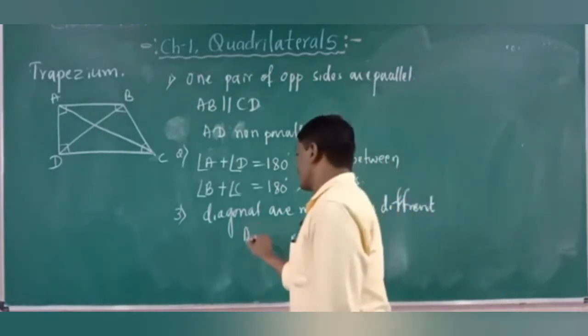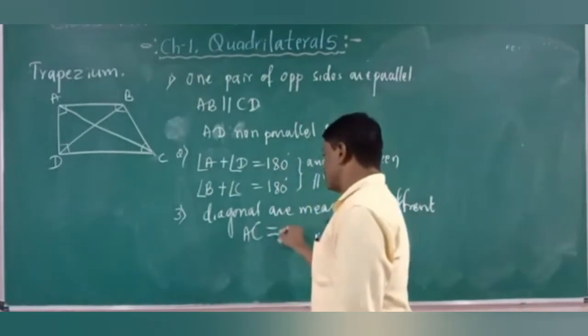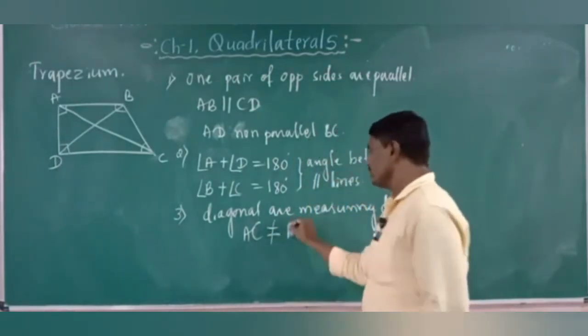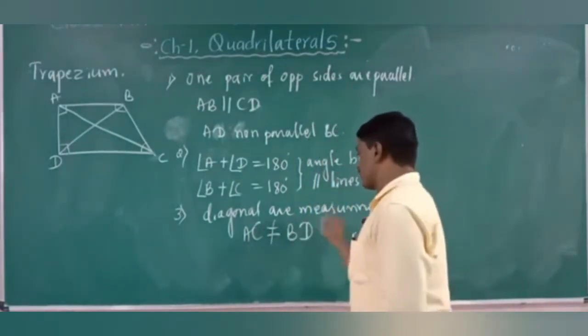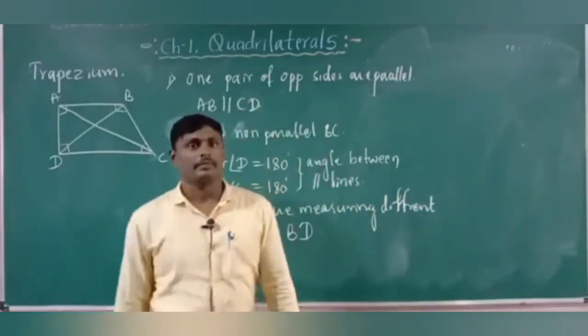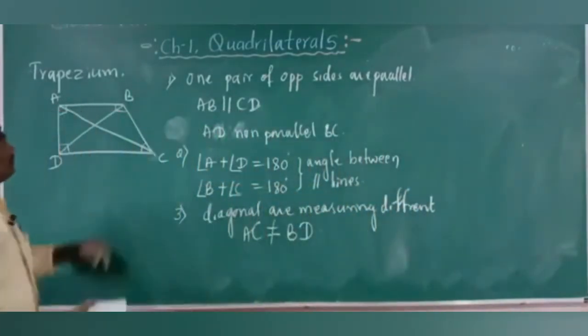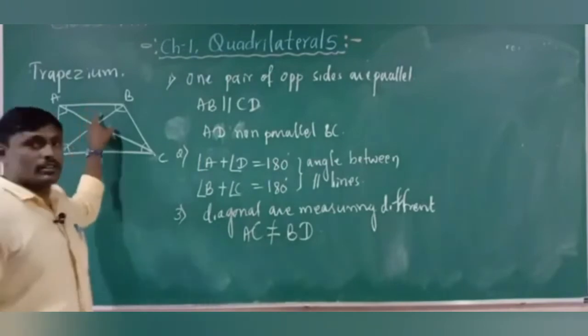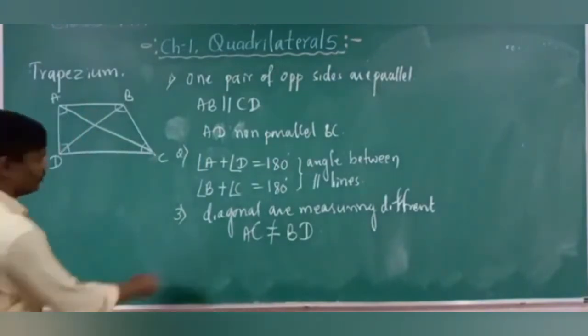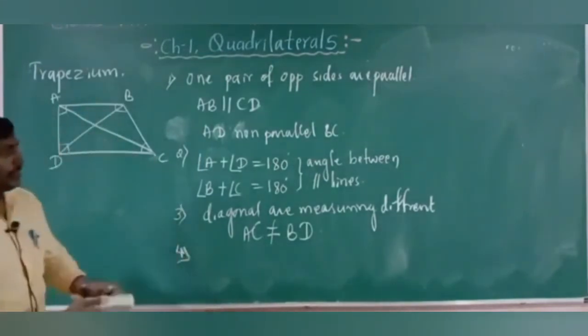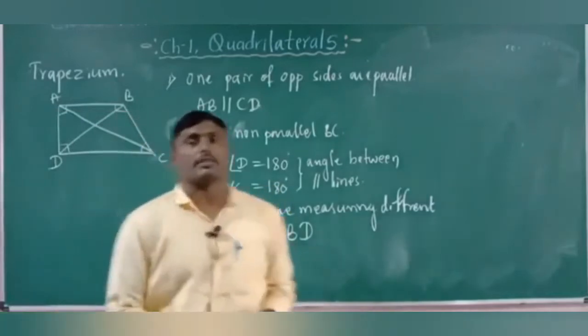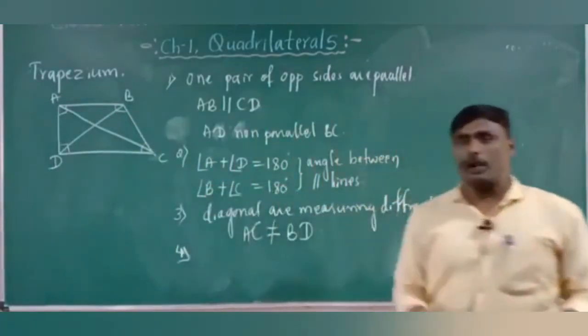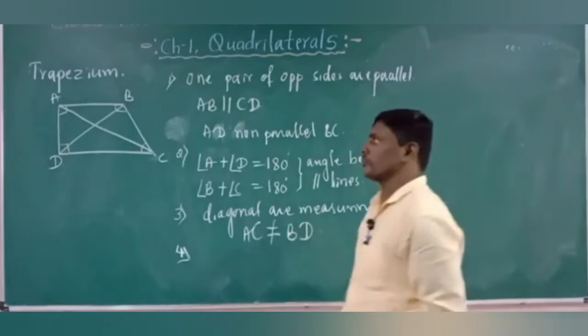It means that AC is not equal to the second diagonal BD. So these are the three properties. Next one, if the lengths of the diagonals are not equal, the diagonals will not bisect each other. That is the fourth property.